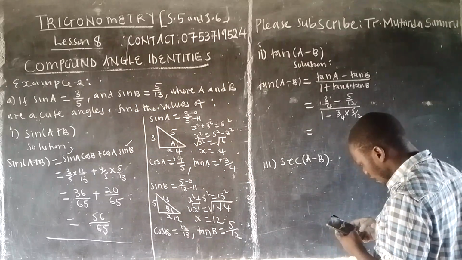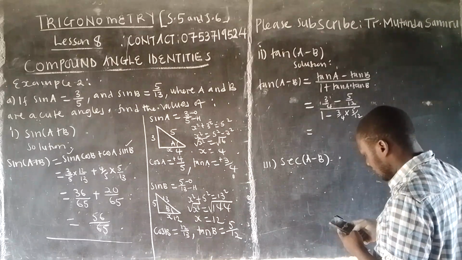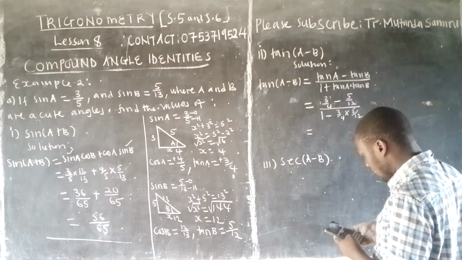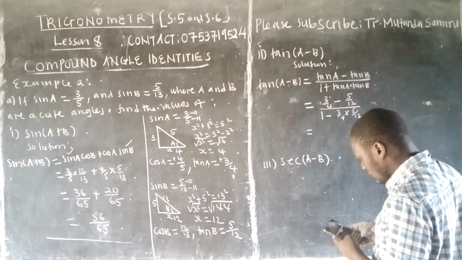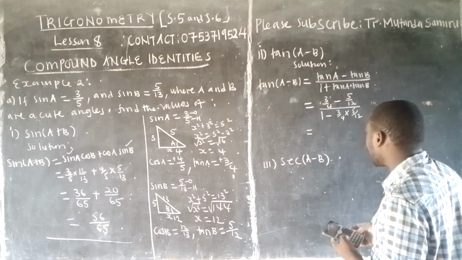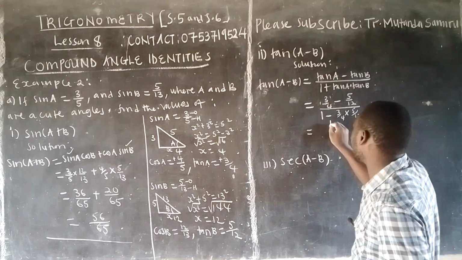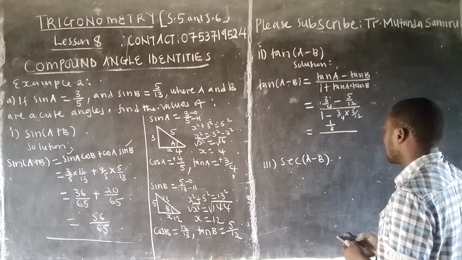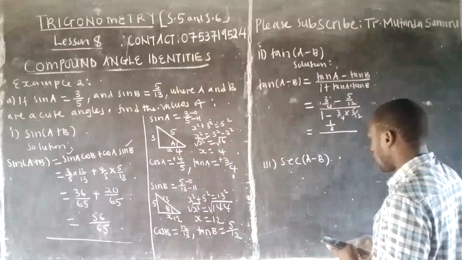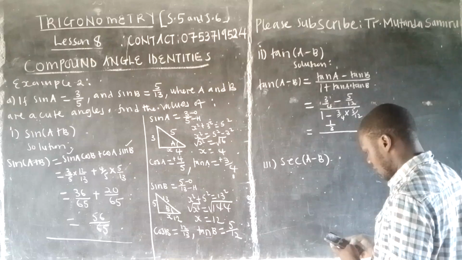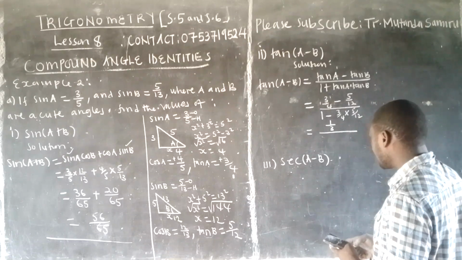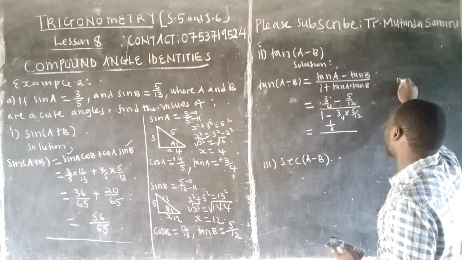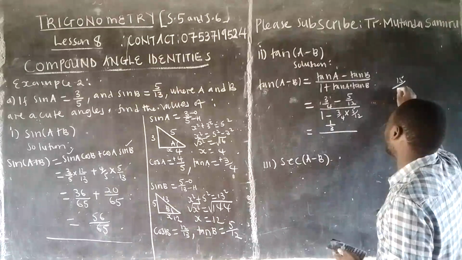That's 3 over 4 minus 5 over 12. That is a third. Up we have a third, over, solve down, that is 1 plus, now 3 times 5 is 15 over 4 times 12 is 48.